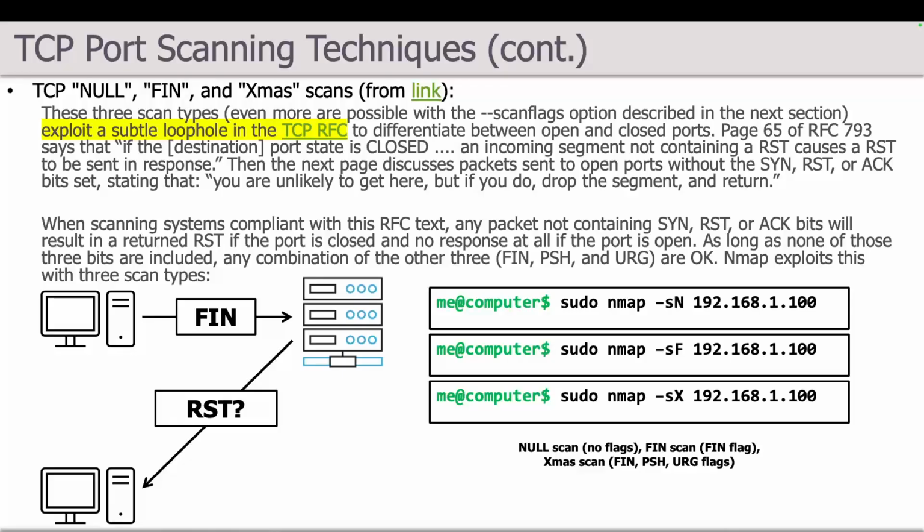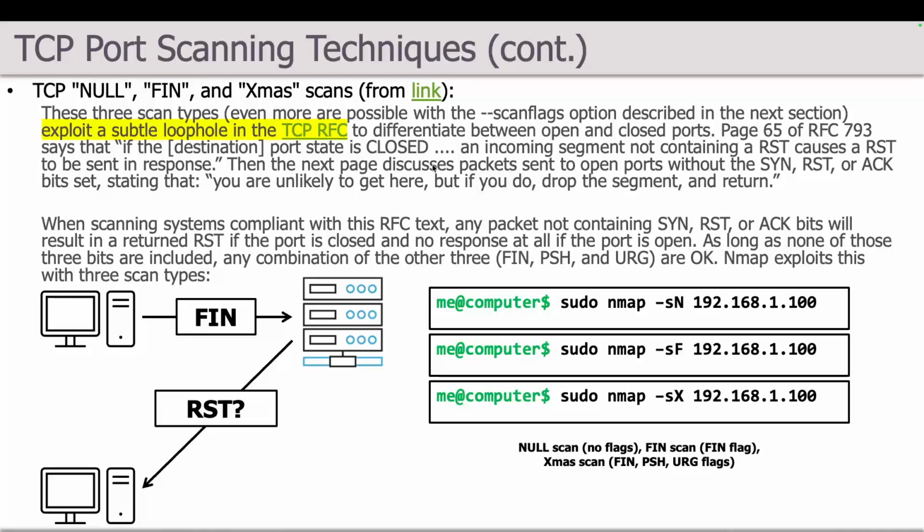closed or not. And this is a direct quote from the Nmap documentation: if the destination port is closed, an incoming segment that doesn't contain a reset should cause a reset to be sent in response.